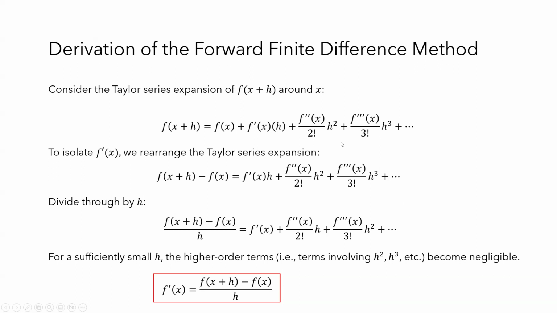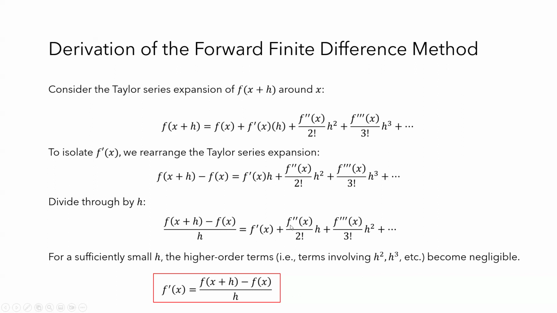And then we rearrange the terms in the Taylor series expansion in this way. So f of x plus h minus f of x is equal to the sum of these terms. So all these terms have some order of derivative. And then we divide this by h. Both sides are divided by h, and we have this expression.